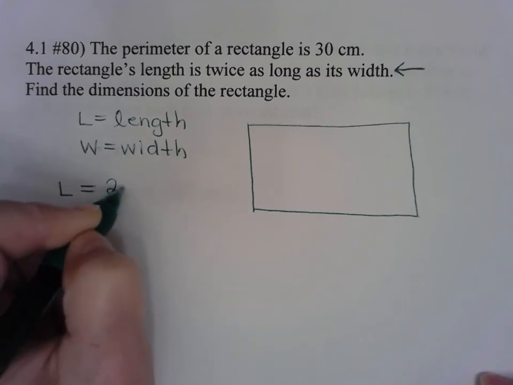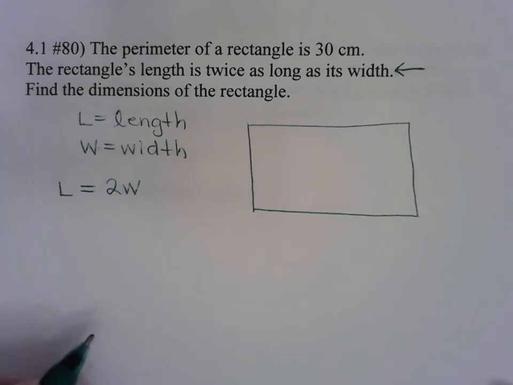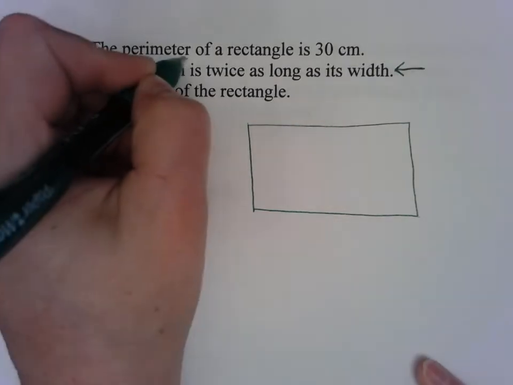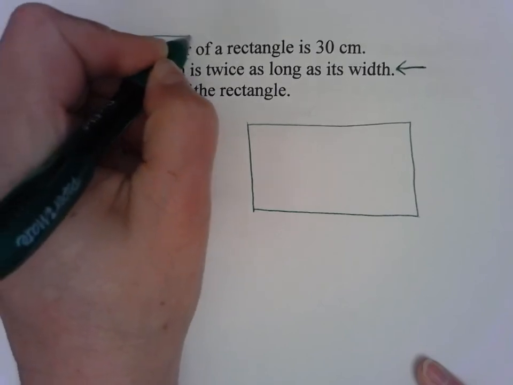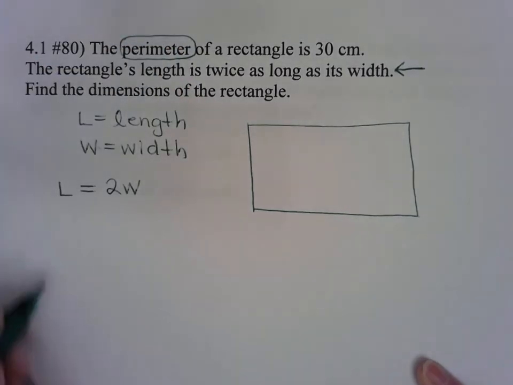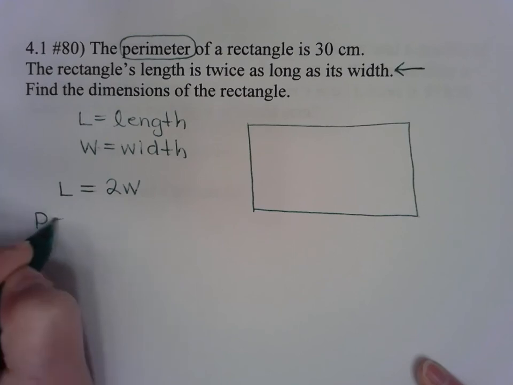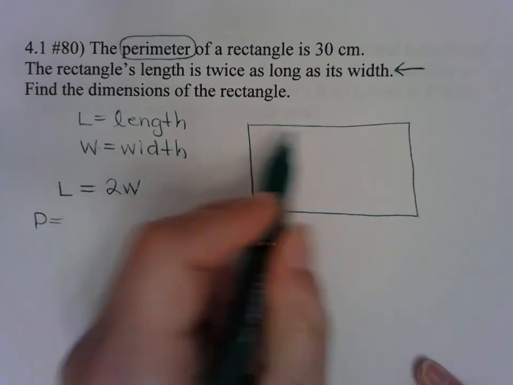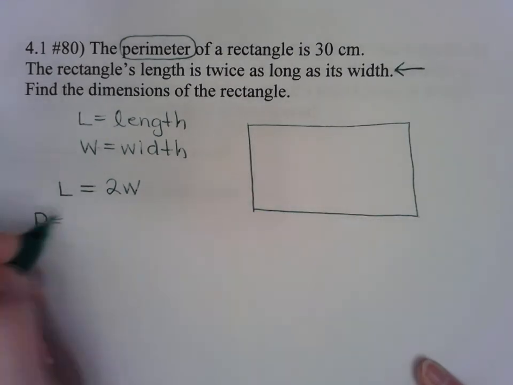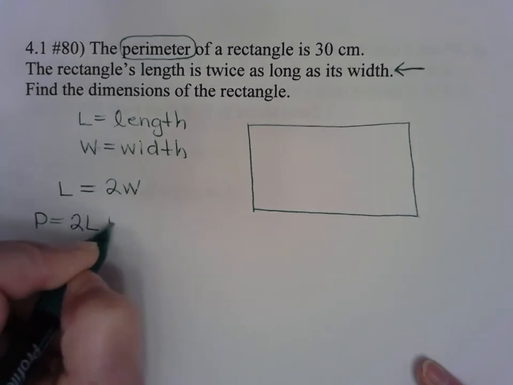So 2 times W. Okay, in this particular section of the textbook, we are trying to use two variables, so we need two equations. So the other equation we need is the relationship for perimeter of a rectangle, right? That's really a formula, but the perimeter is when we add up all the sides. There are 2 lengths and 2 widths.